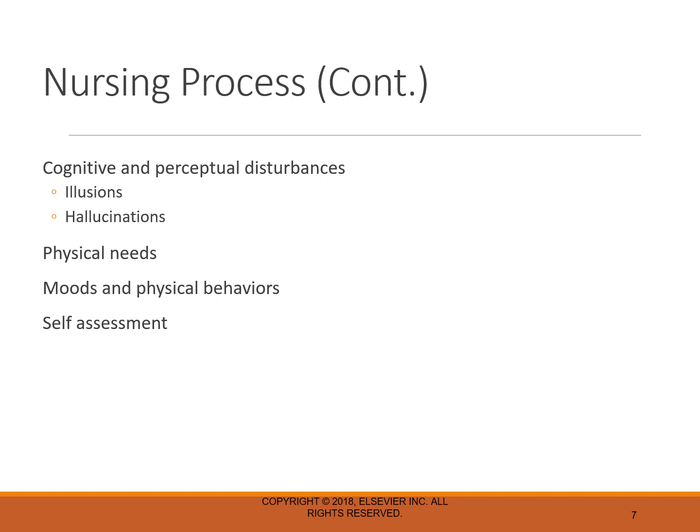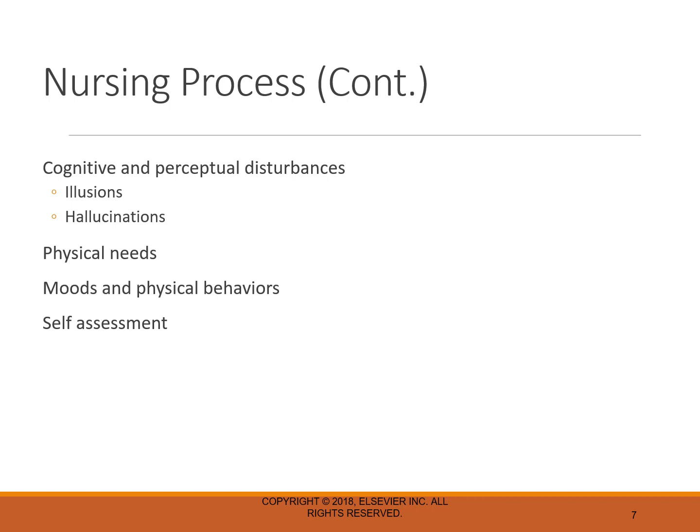So usually it's said that delirious patients may have more difficulty during the night, and usually during the day they are more lucid. So we need to be aware of these changes and fluctuations in their mood and in their activities.